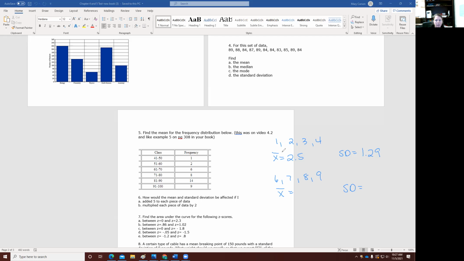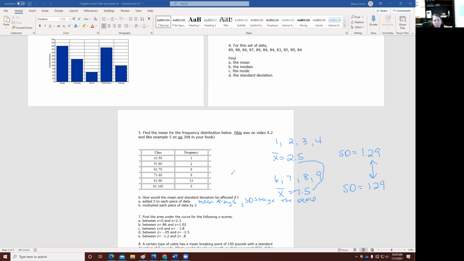And we get the mean becomes 7.5, and the standard deviation is still 1.29. So notice these are still the same, and this, what happens to it? It gets bigger by 5. So what would happen to the data? You would say the mean is increased by 5, standard deviation stays the same.